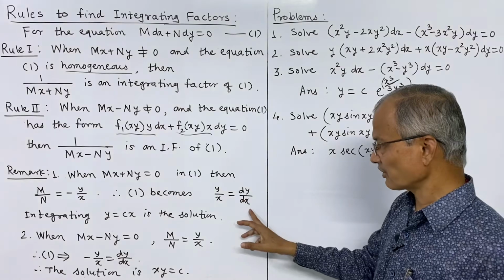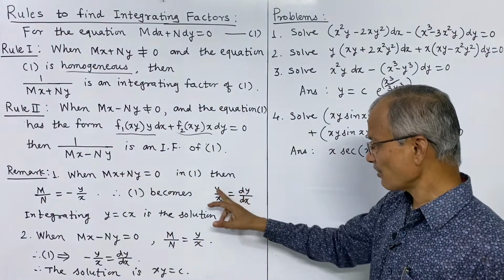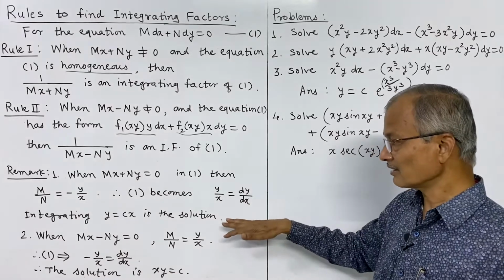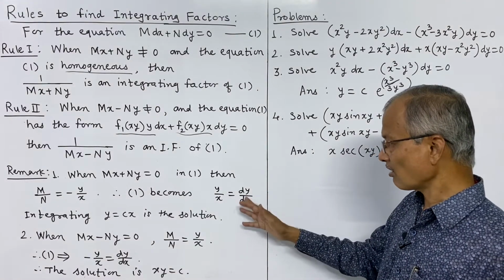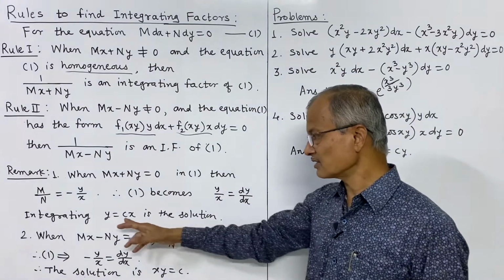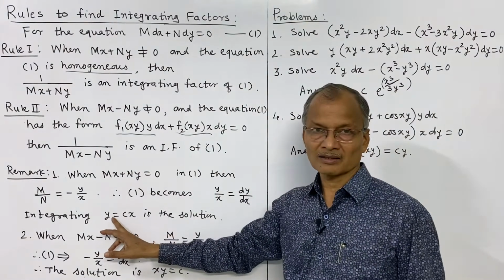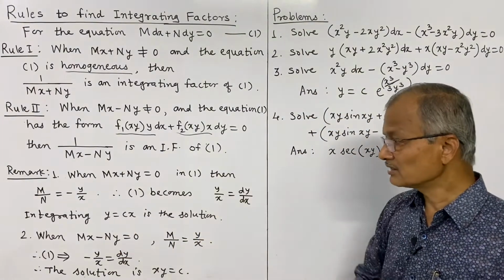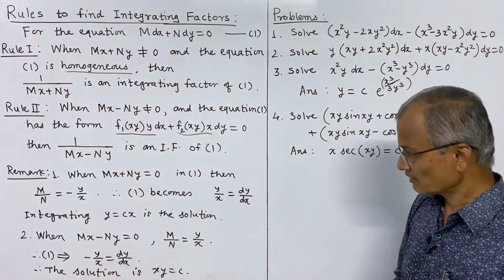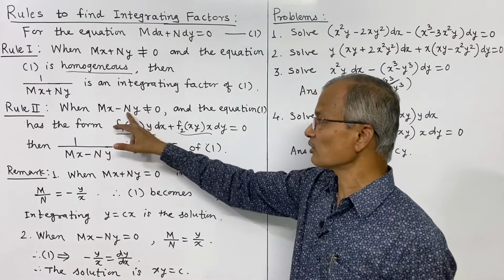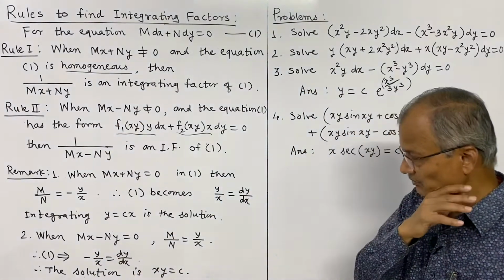This is variable separable form, that is dy upon y is equal to dx upon x, and integrating it, we get log of y minus log of x is equal to log c, or y upon x is equal to c, and that is y is equal to cx, the solution. It can be easily verified. And in the second case, if this expression is 0, then also it becomes simple.